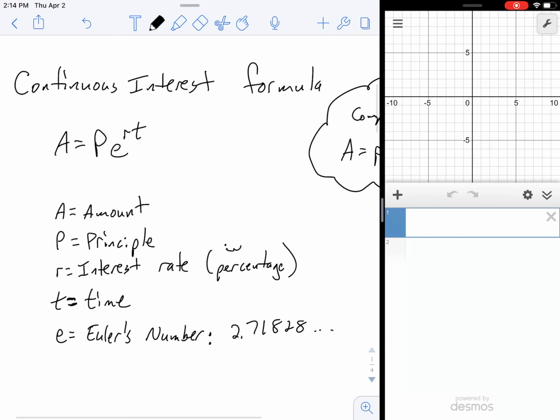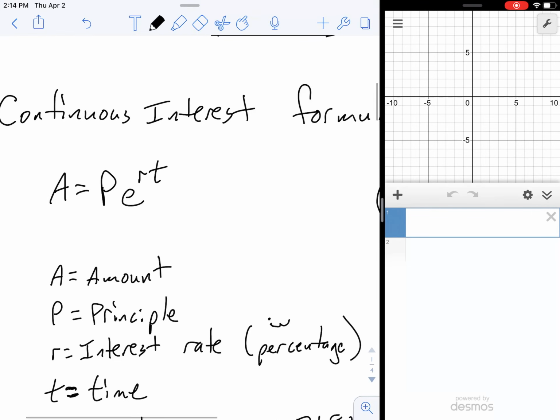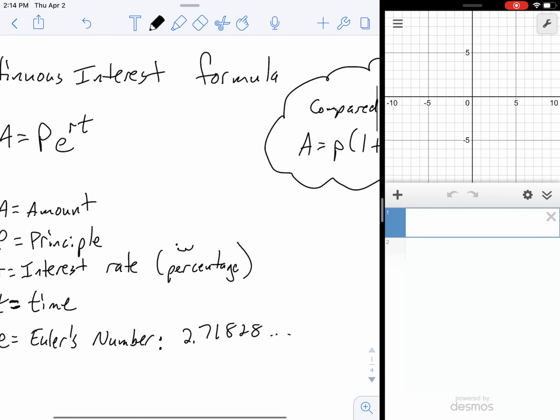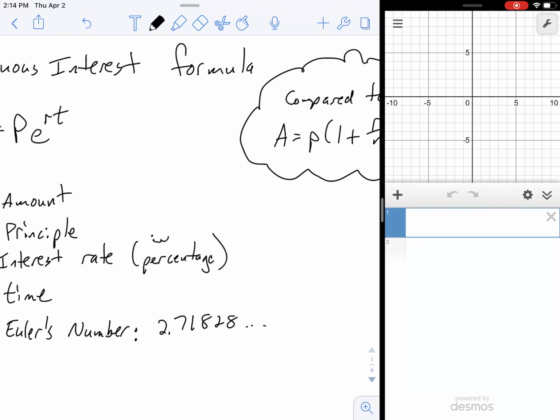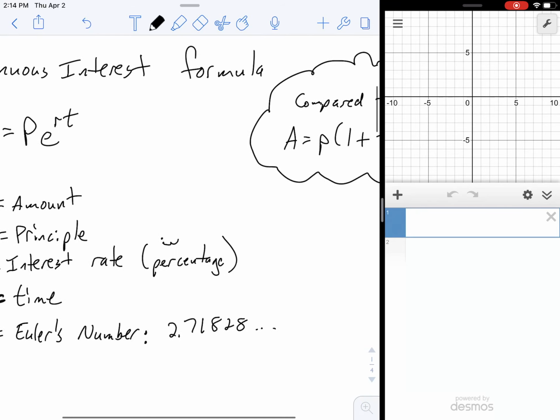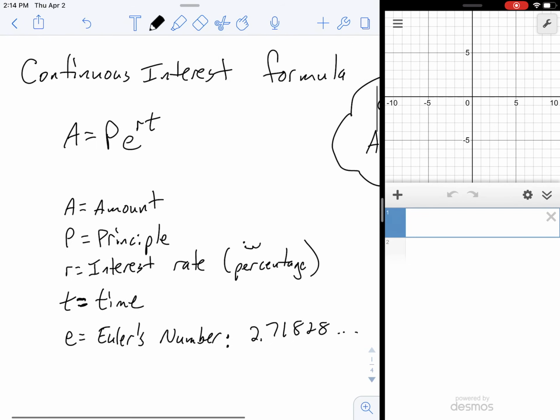So that number is a critical component of this calculation, just like pi is a critical component of various circle formulas. Even though e seems like a random collection of digits that who really cares about, it's a fundamental number that really applies to certain scenarios.